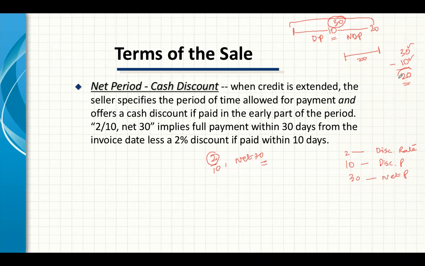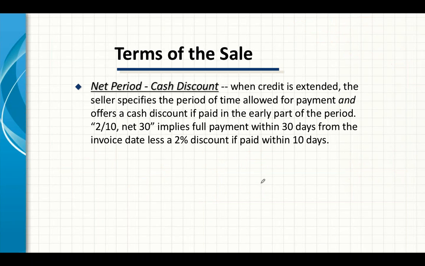For 20 days in advance, he is losing 2%. So the interest for 20 days is 2%. What is the interest for yearly? That is 360 days. So 2% into 365 divided by 20 will give you annualized interest.